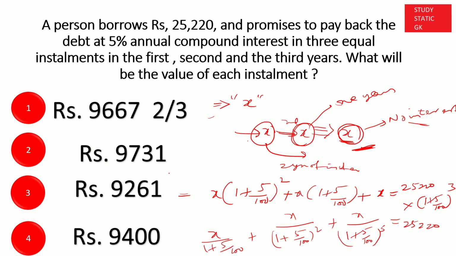Okay, so 1 plus 5 by 100 means 100 plus 5, 105 by 100. 105 by 100 means 21 by 20.